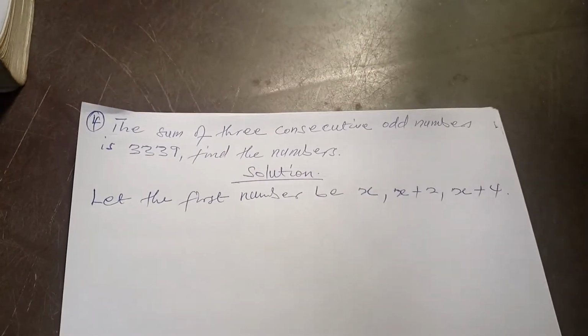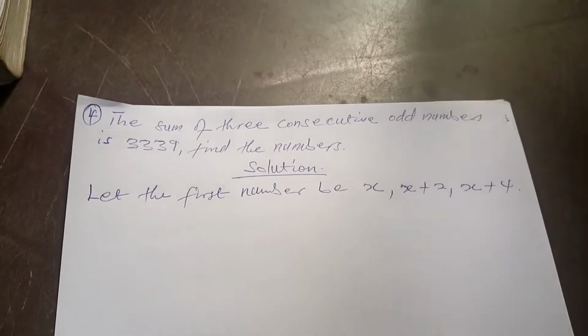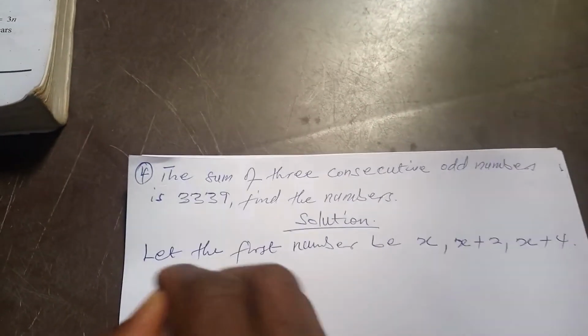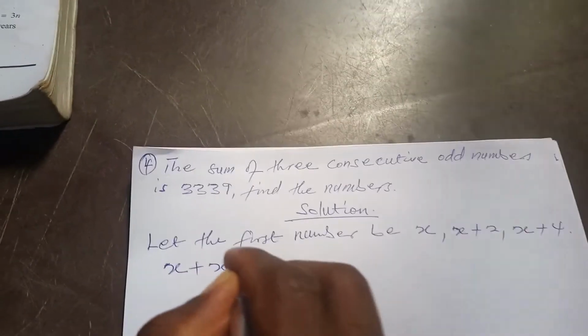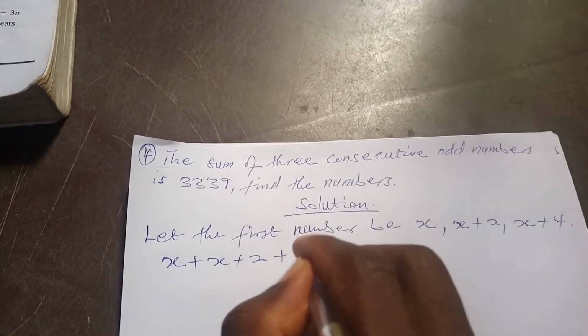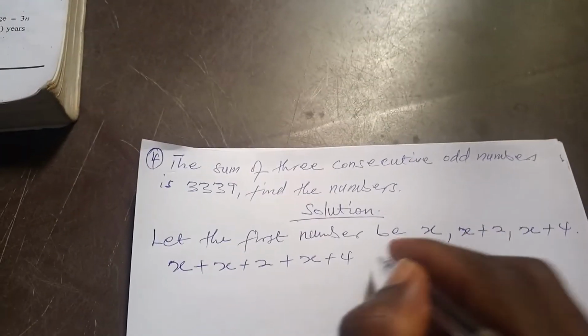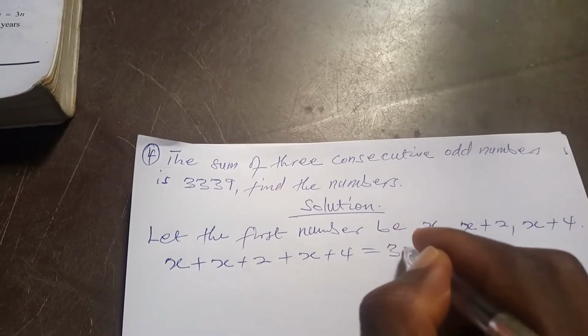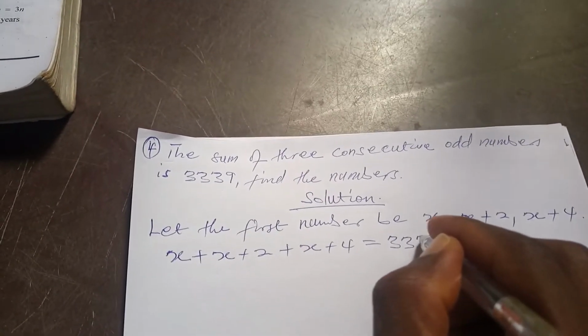Then they said their sum is 3,339. Sum means addition. x plus x plus 2 plus x plus 4 should give us 3,339.